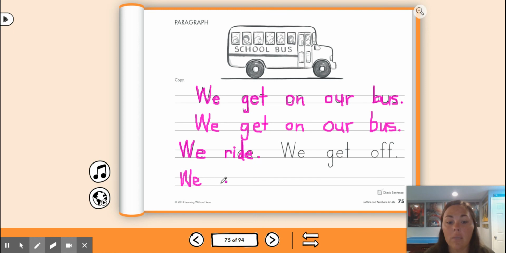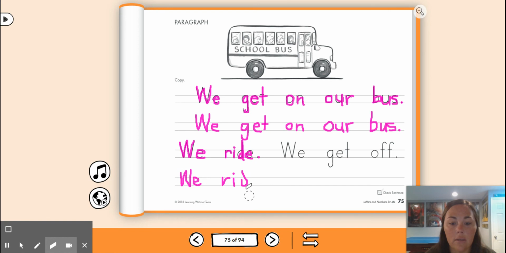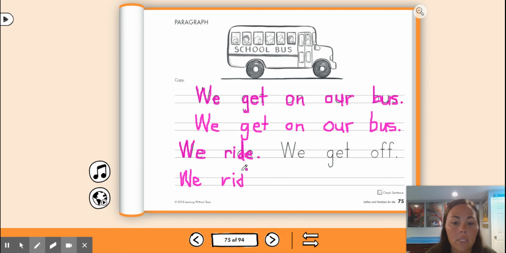So we're going to leave a little bit of space, and we're going to write ride, R, I, D, oops, that's a silly D. D and E. And then what do we put at the end? Punctuation or a period. Very good.